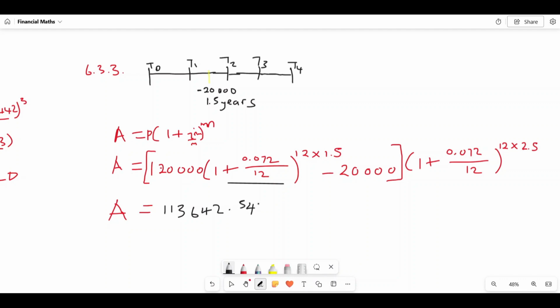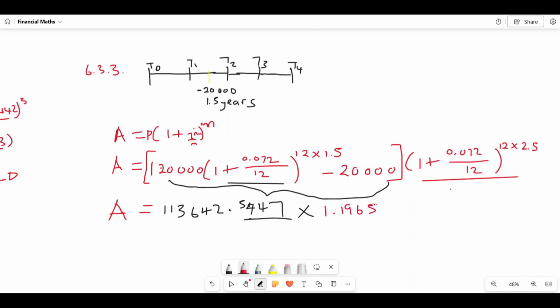113,642.5947. This is it. So these are the decimals. This represents this whole answer for this. And then I'm going to multiply this by this one, which is 1.1965.